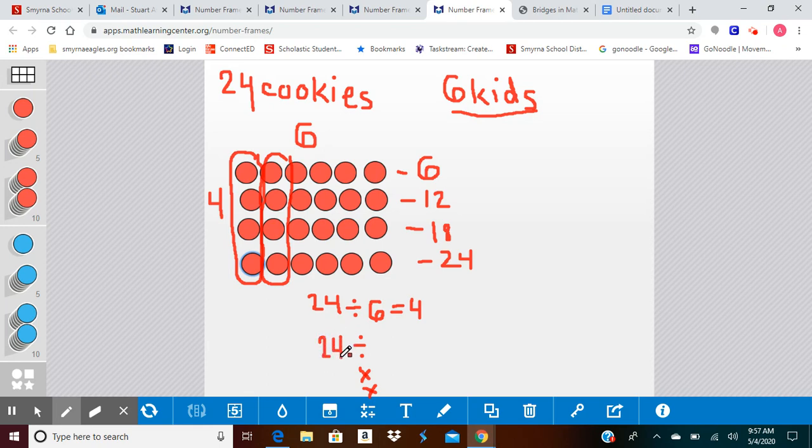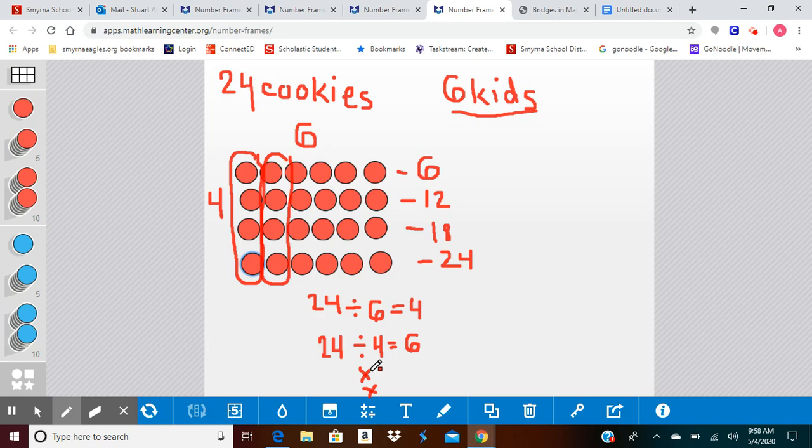So we're going to keep the 24, but instead of the 6, what number do you think we can put here? Okay, hopefully you said 4. So we could do 24 divided by 4, which would equal 6.